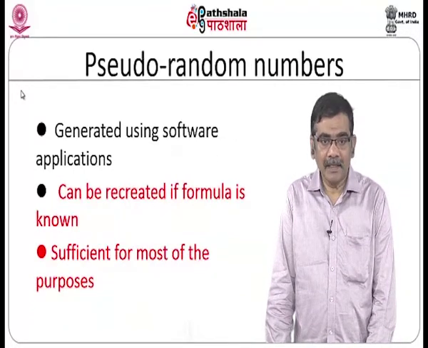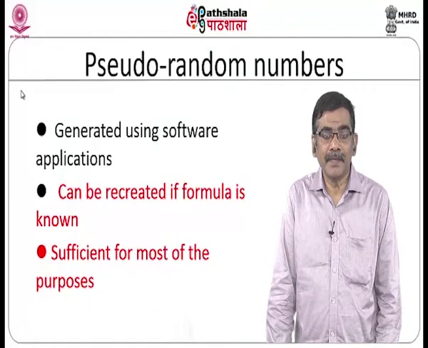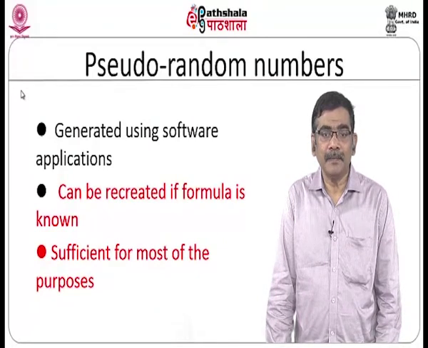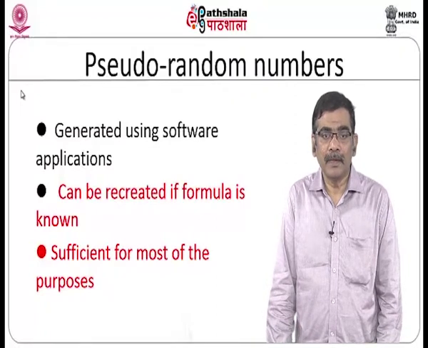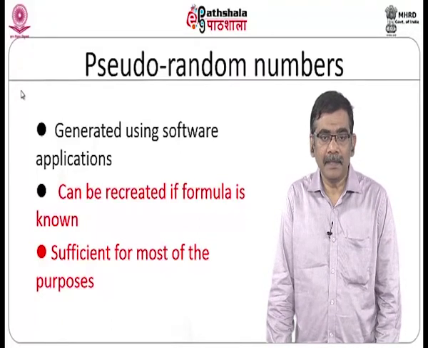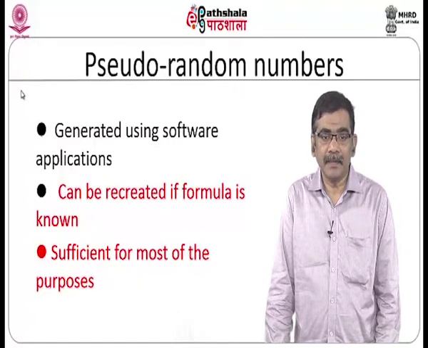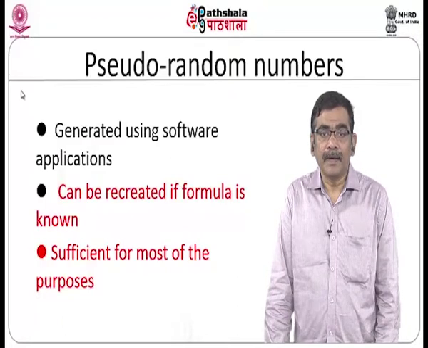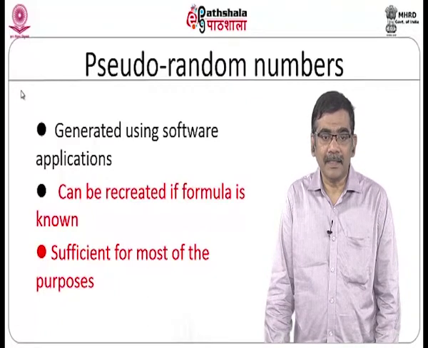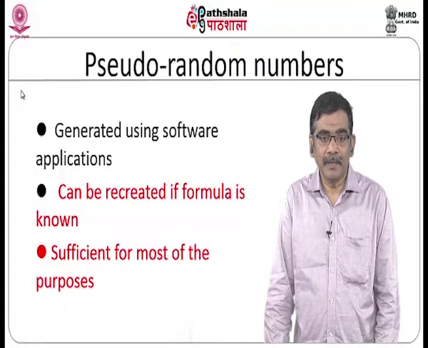But it is very difficult to generate true random numbers in a real-world scenario. So, for these sorts of things we will go for pseudo random numbers. Pseudo means false. We will use software to generate these numbers. These numbers can be recreated if the formula is known, but practically we have to live with the fact that true random numbers are very difficult to obtain.